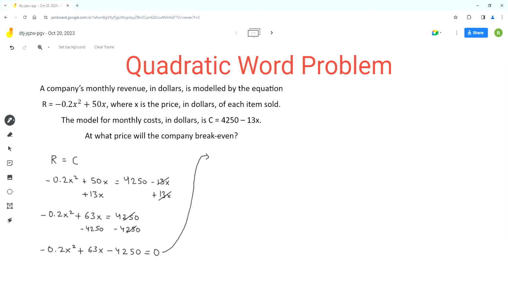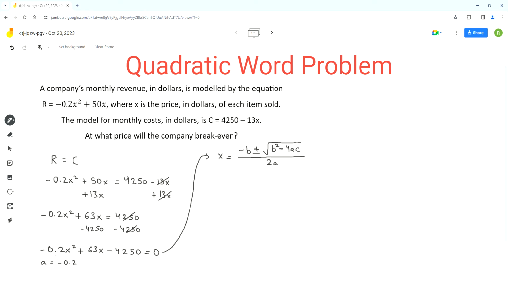The quadratic formula can be written as, we start with x because that's the variable in this equation. So x equals minus b plus or minus the square root of b squared minus 4ac, over 2a. Now in this equation, a is equal to negative 0.2.